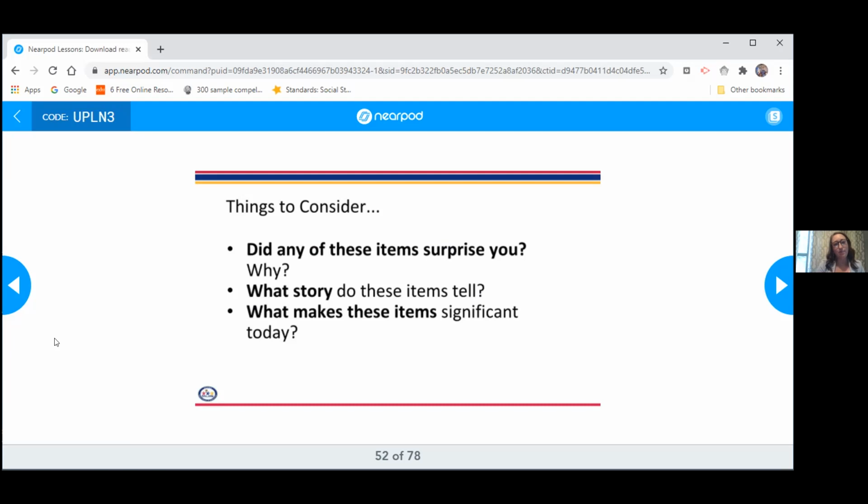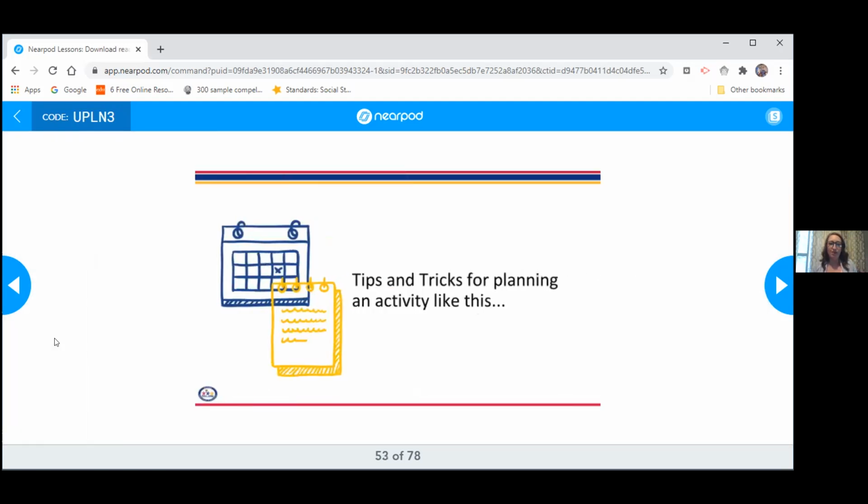Then also, how about using it as a comparison? What makes one revolution better than another? Thinking about questions, which we're going to talk about in a minute, those compelling questions are super important for inquiry, and they are agnostic to the content necessarily. You could utilize that same compelling question in a different grade level too.